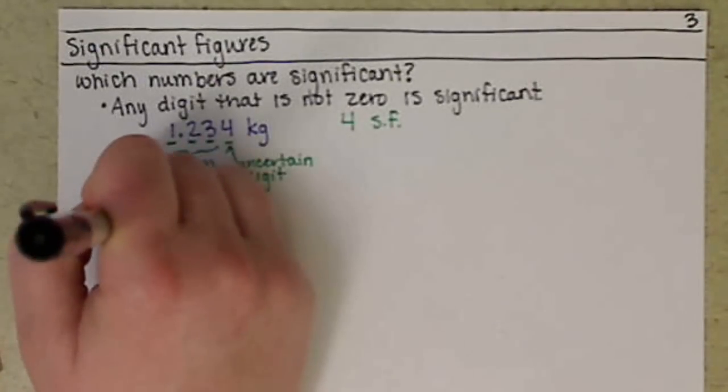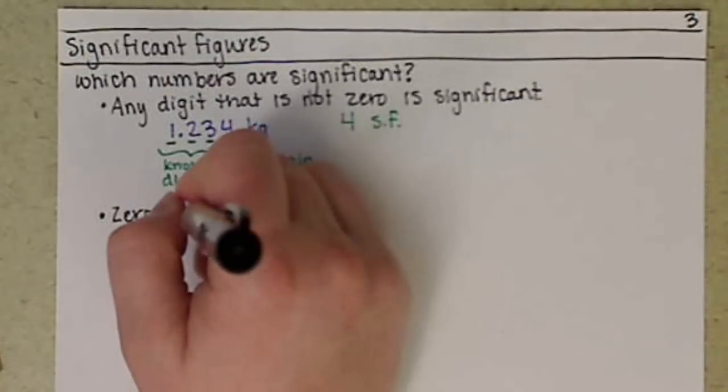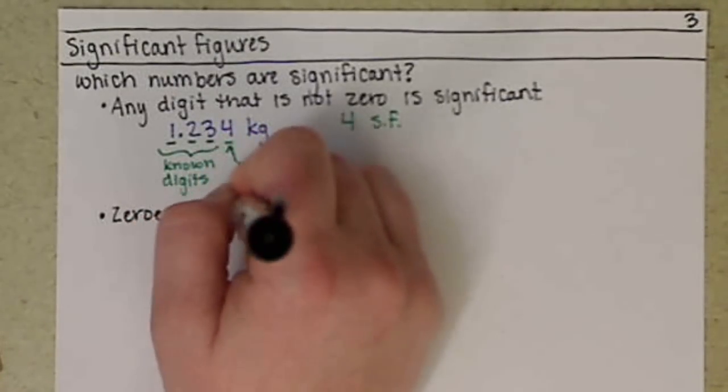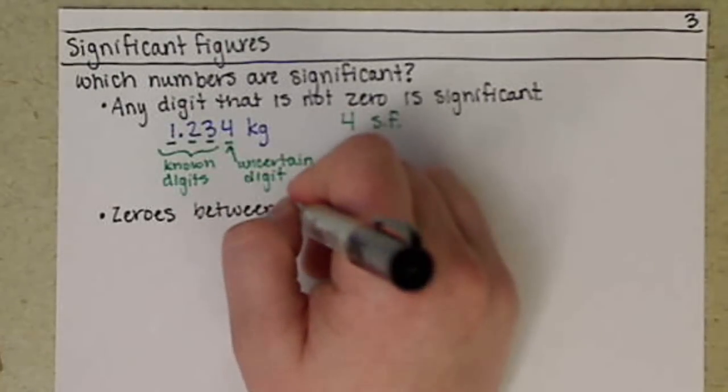So our first rule regarding zeros is that zeros between non-zero digits are significant.